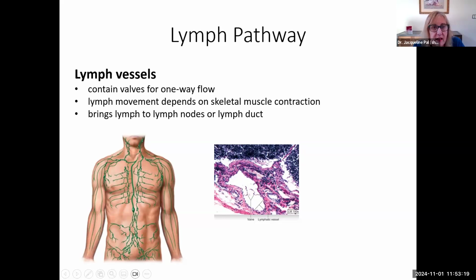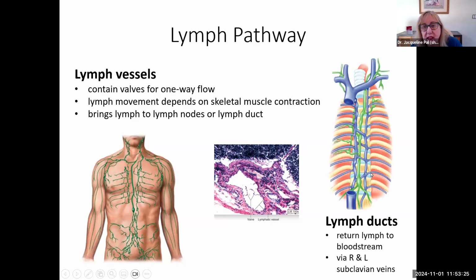And that's going to bring lymph either into lymph nodes or into larger structures known as lymph ducts, which are the final tubular structures that are going to drain lymph and return it back into the bloodstream way up here, the upper part of your chest, right under your clavicle, right under your collarbone, and what's called the subclavian veins.